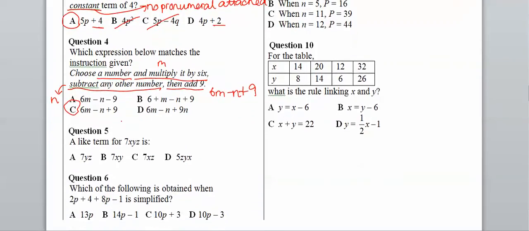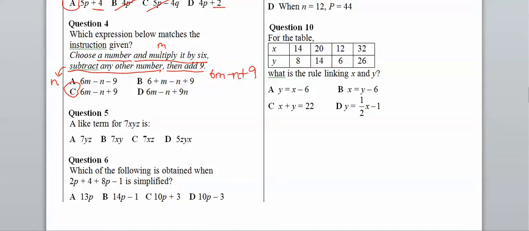Question 5. A like term for 7xyz is. So remember our like terms, we look at our coefficients, our pronumerals. A has y and z, but it doesn't have x, so that one can't be a like term. B has x and y, but no z, so that also can't be a like term.